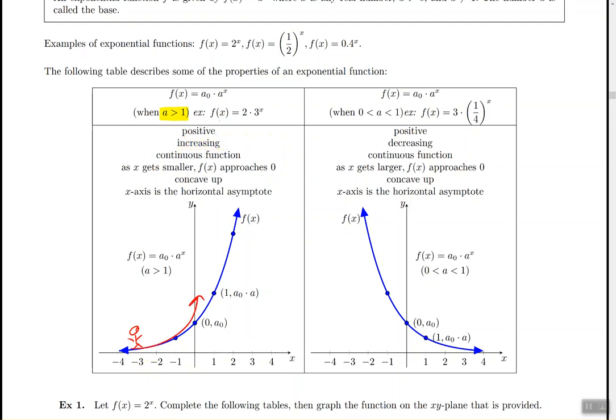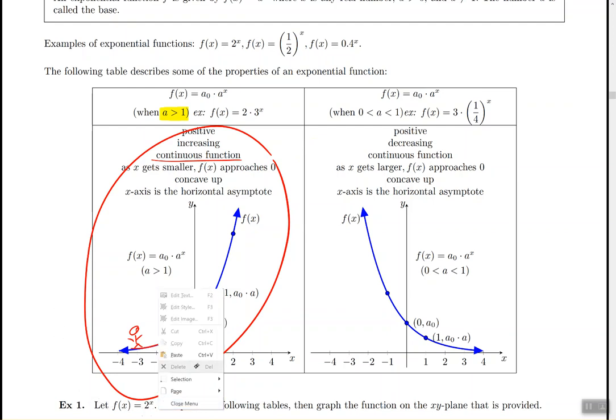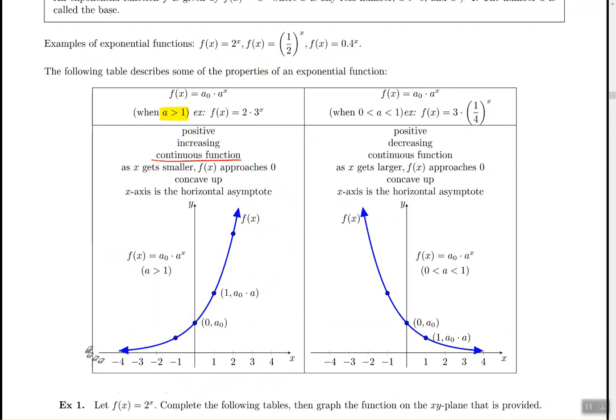It's a continuous function, which means I can graph the whole thing without lifting my hand. And as x gets smaller, the function stabilizes, becomes more and more horizontal. And as x gets larger and larger, the graph becomes bigger and bigger, okay? We say that the x-axis acts like a horizontal asymptote. That means the x-axis is like the border. We can never cross this border, okay?